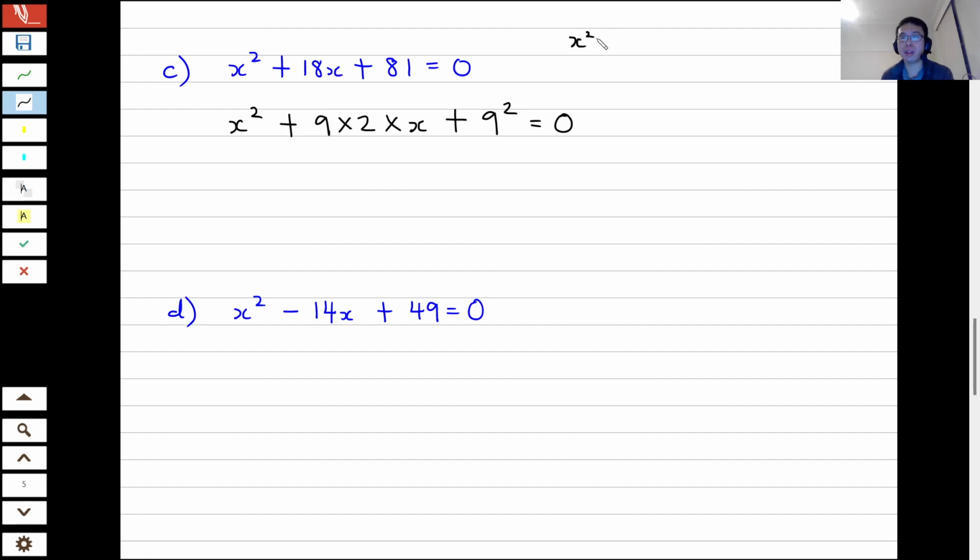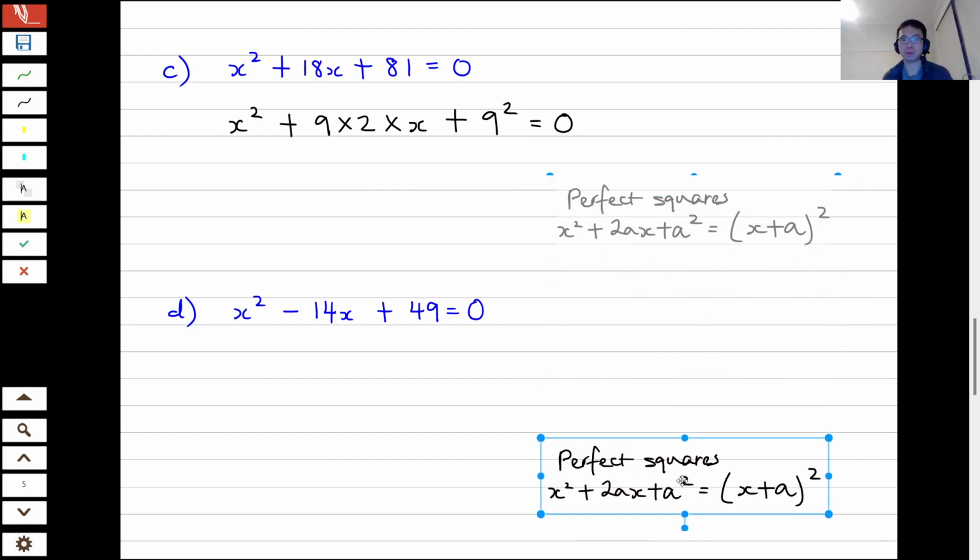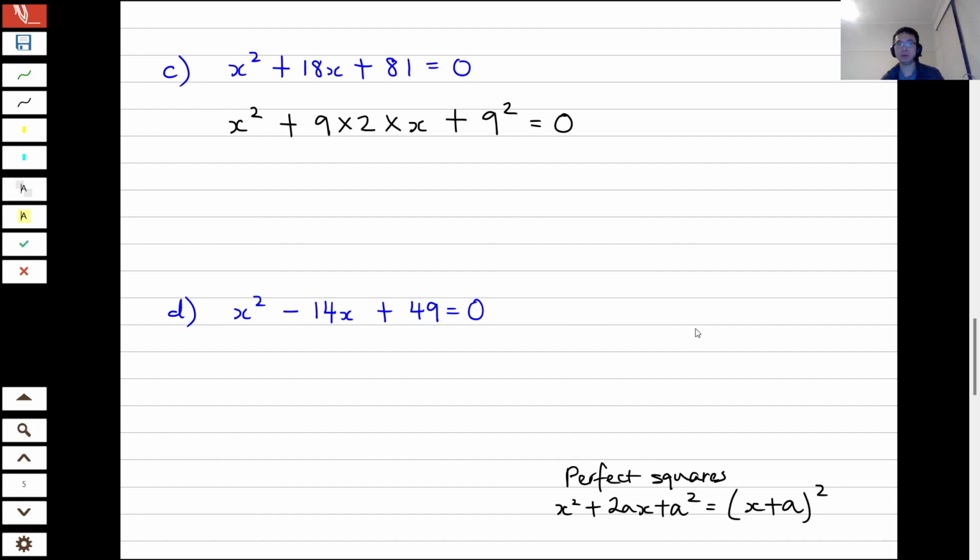Remember that x squared plus 2ax plus a squared equals (x + a) all squared. So this is actually a perfect square. So I can rewrite this as (x + 9) all squared equals 0.